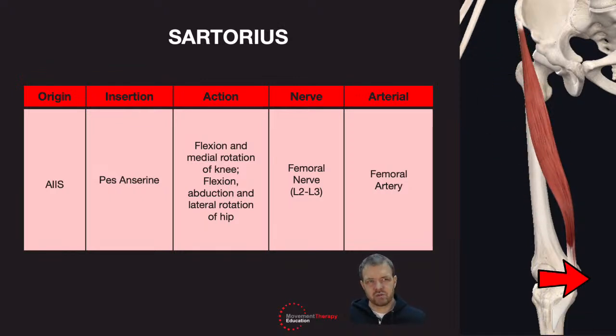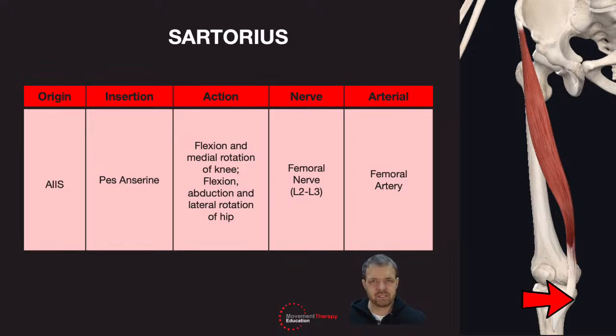Because it crosses two joints, the thing is with this one, because it's at a bit of an angle, it's not very good at producing force. So it wouldn't be one of your prime movers. It would be one of your assisting muscles, so a synergistic muscle. If you have a look at the actions, we've got flexion and medial rotation of the knee.